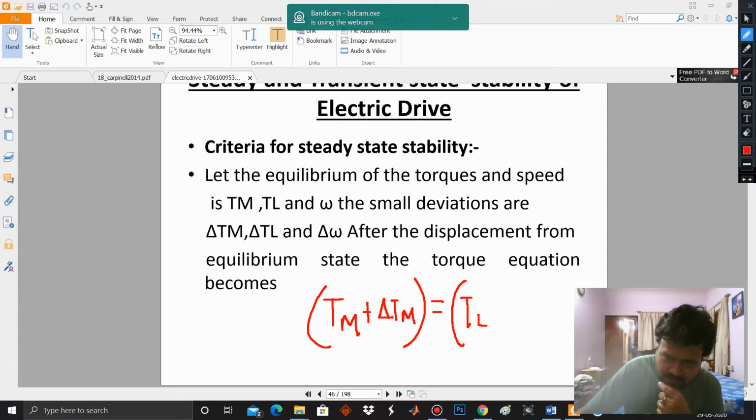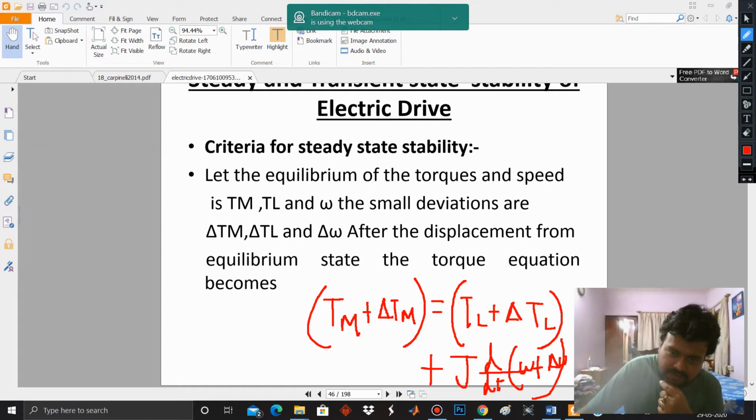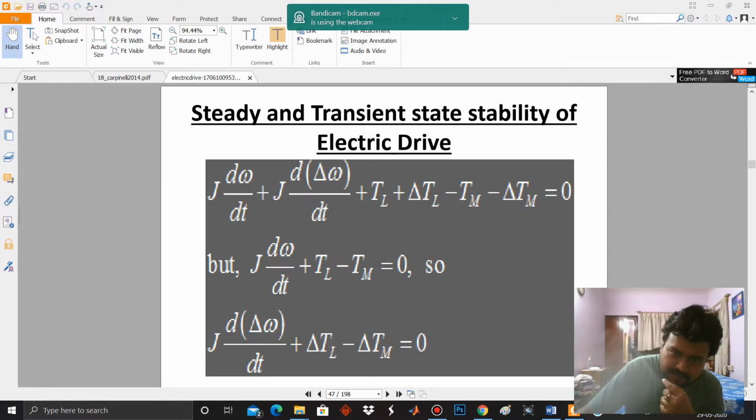It will be tau l plus delta tau l plus j d/dt of omega plus delta omega. So this will be your new load torque equation. So now this is the exact equation that we have written.